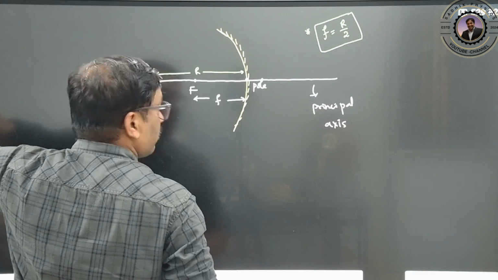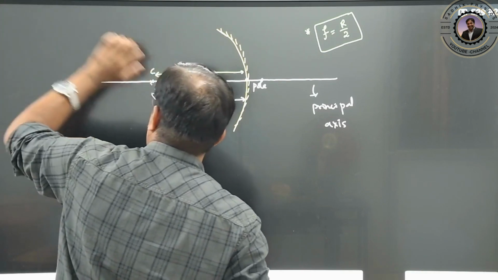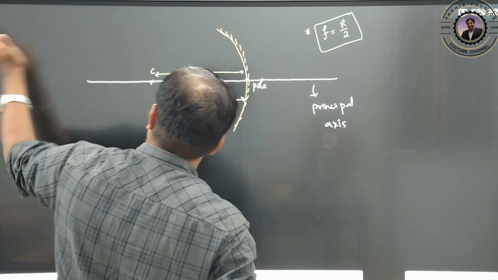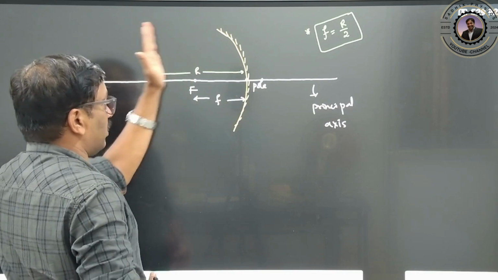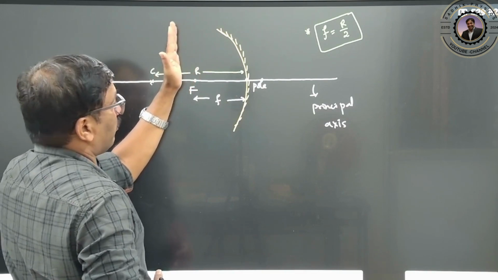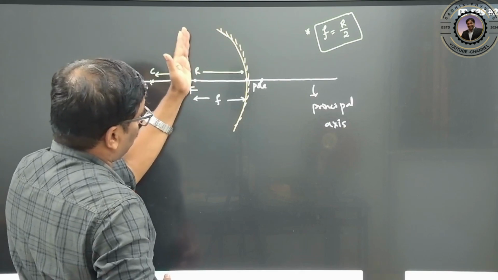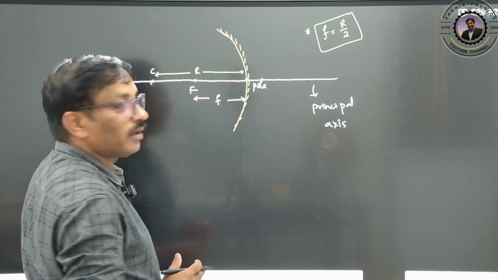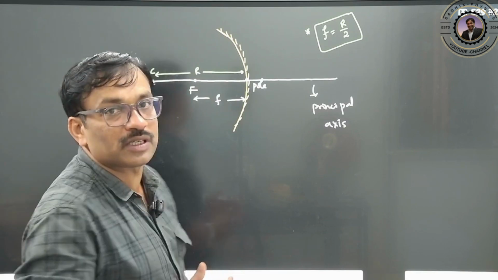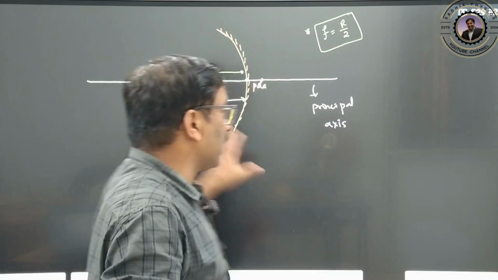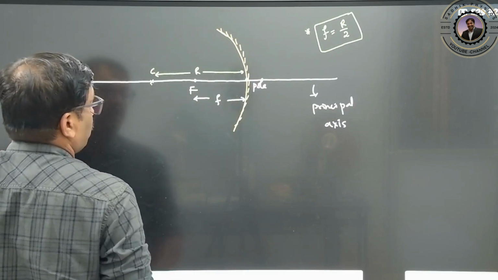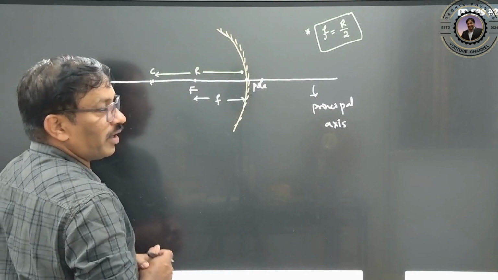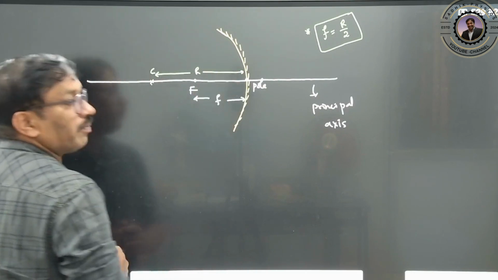Another object between the center of curvature and infinity. The third position is on the center of curvature, the fourth is between the center of curvature and focus, the fifth is on focus, and the sixth is between focus and pole. Like that, 6 positions we can place the object and form different images for a concave mirror.